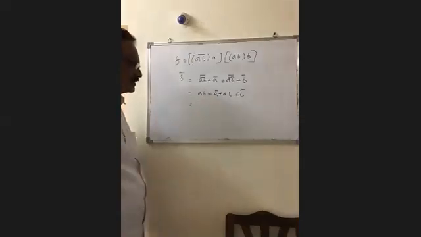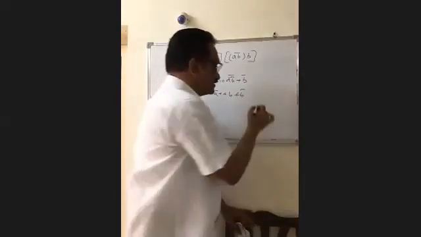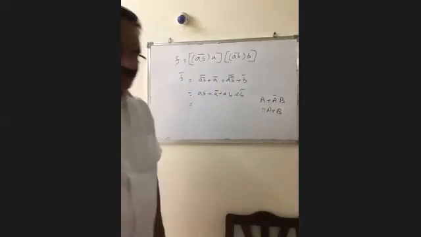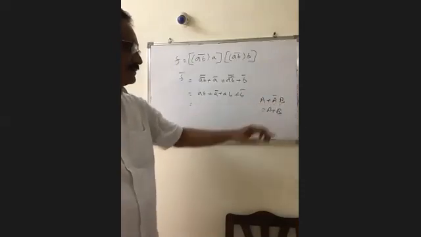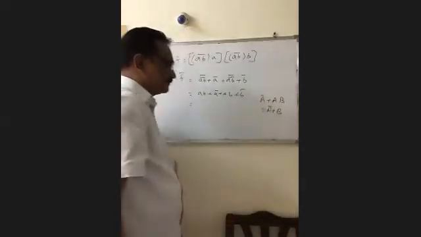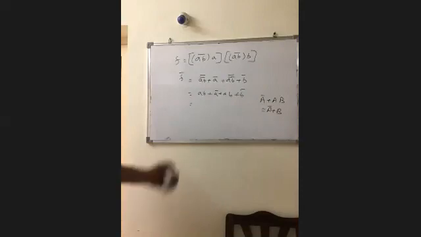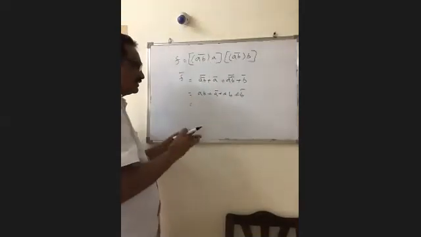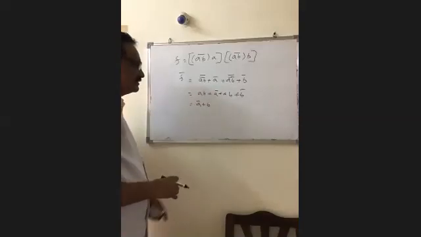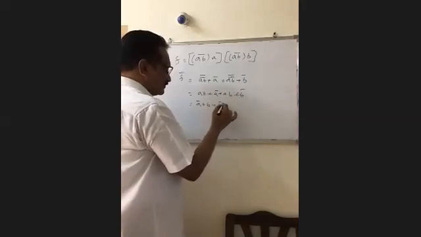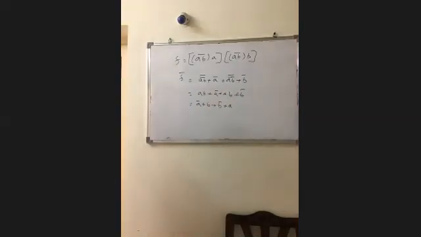A bar plus AB, what is the simplification theorem? According to the simplification theorem, A plus A bar B is equal to A plus B. In other words, A bar plus AB equal to A bar plus B. Similarly, B bar plus BA is equal to B bar plus A. So B plus B bar is equal to 1, A plus A bar is equal to 1.